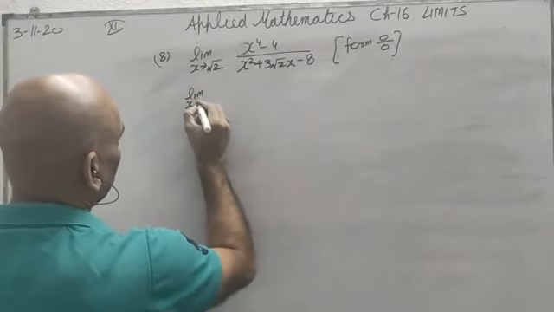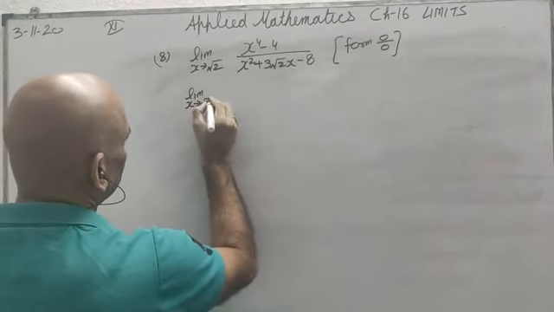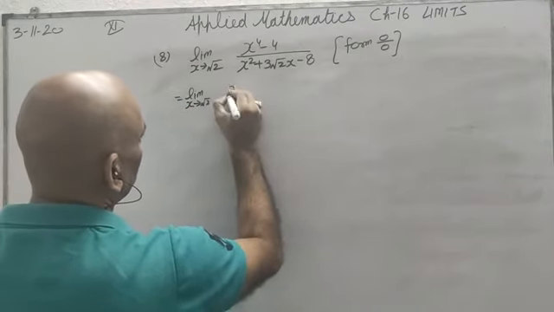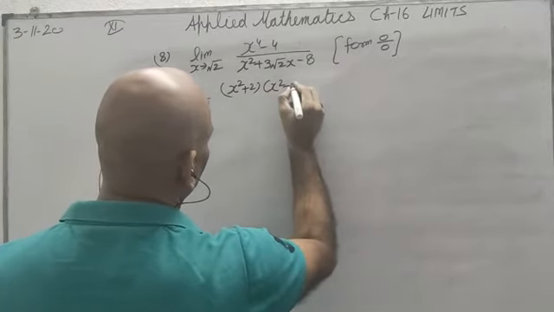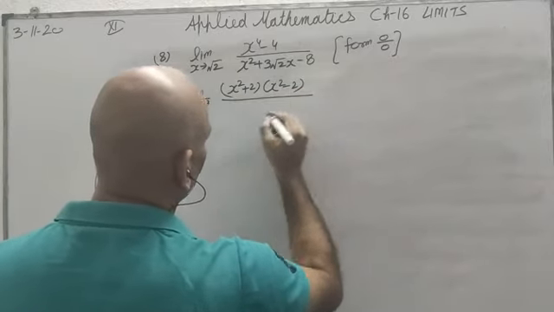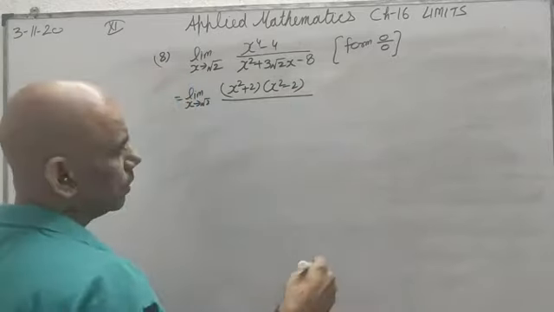लिमिट x tends to root 2, x square plus 2, x square minus 2. और नीचे क्या होगा अलग से कर लेते हैं.